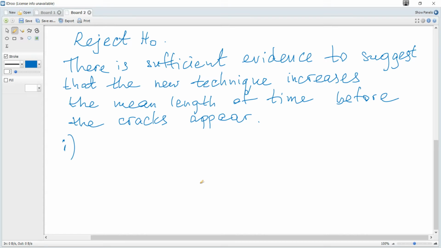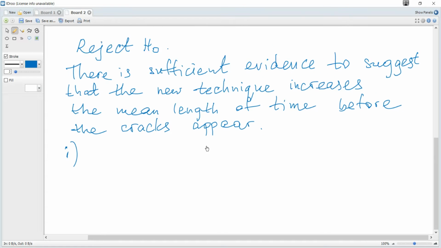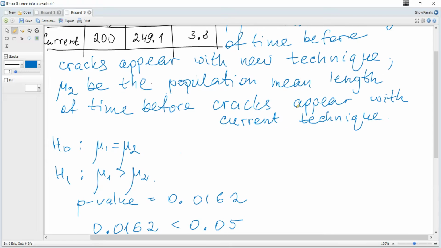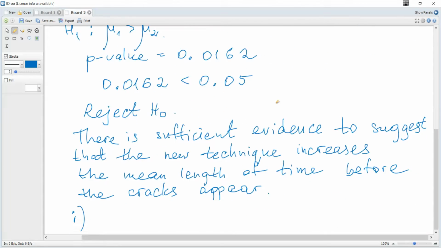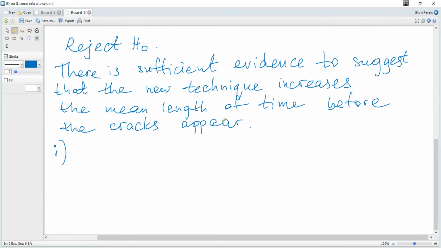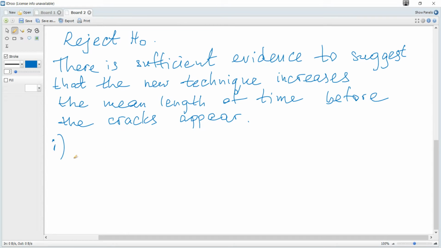It means that it would be better to consider not the mean length of time before the cracks appear, but the time when the first crack appears. So that may be one of the variants of how to answer.